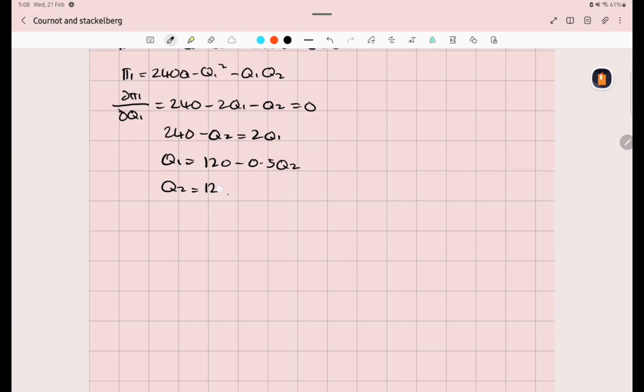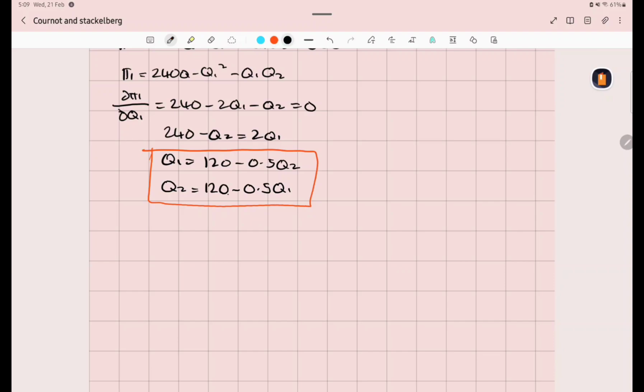Seeing that Q2 is also equal to the mirrored reciprocal. And so these are our best response functions.